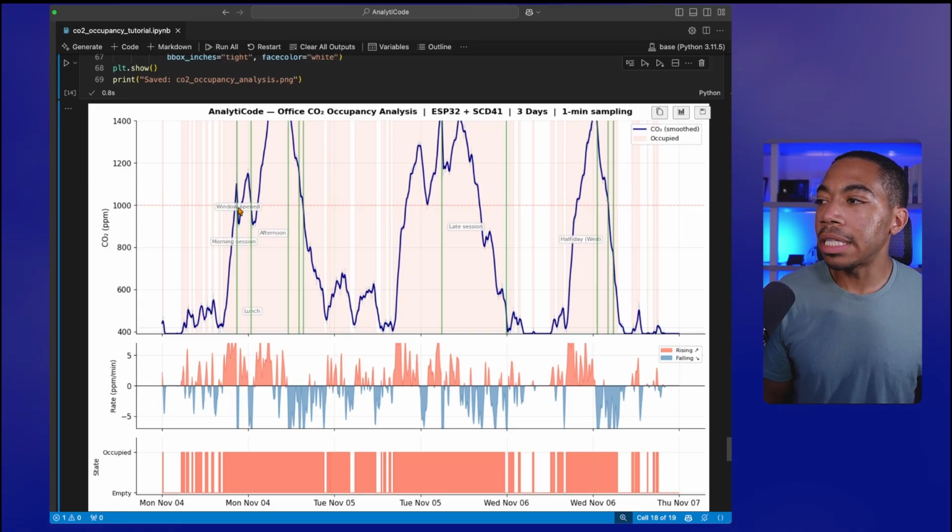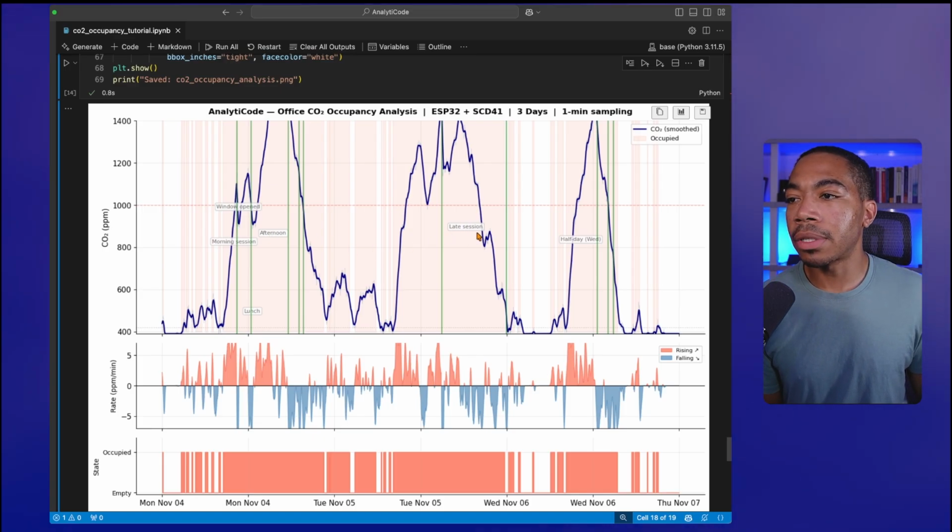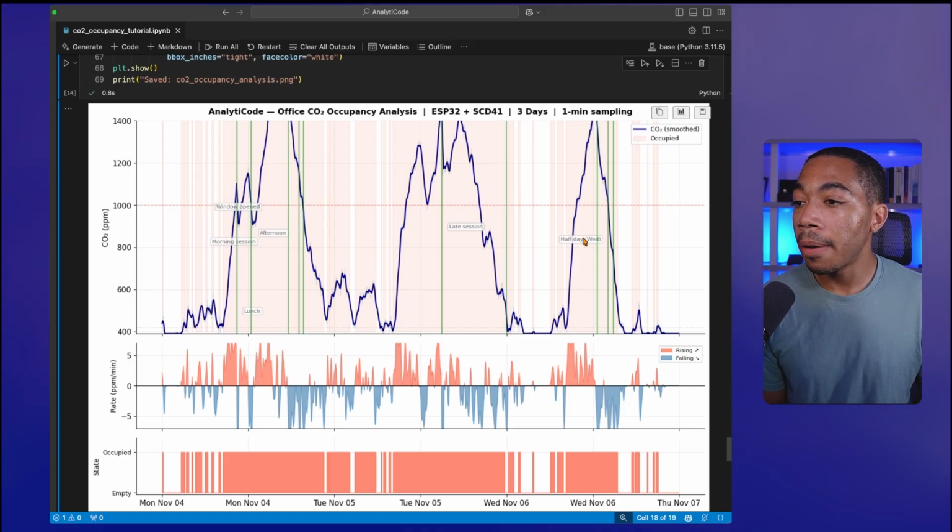The top panel has our rolling CO2 values. We've even annotated some of the events, perhaps where the window is open, the morning work session, where we have lunch here, so maybe the door was open at this point, with our afternoon work session. And then as we move towards the evening, we have a late night work session and a half work day on Wednesday.